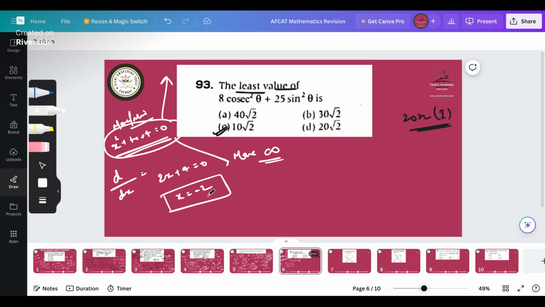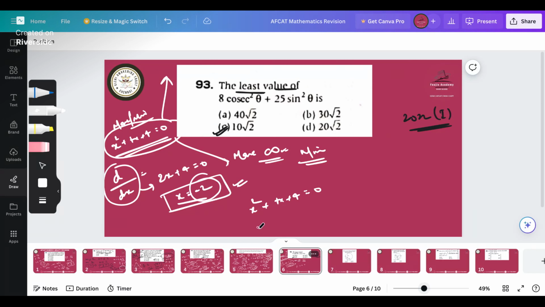So the maximum value is infinity, which means the other will be your minimum value. So for the first level of differentiation, you find that, equate it with 0, and whatever value of x comes out, put that value into the expression.